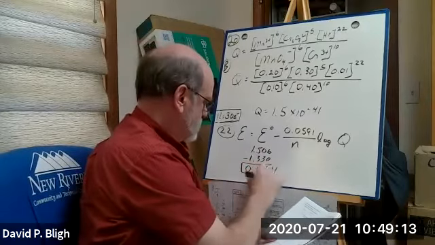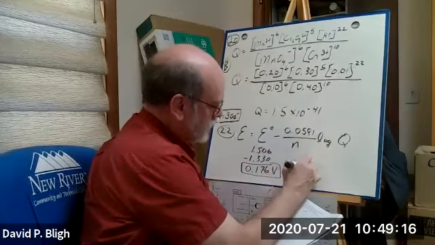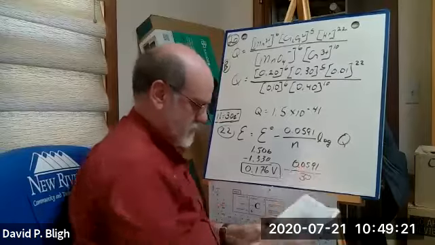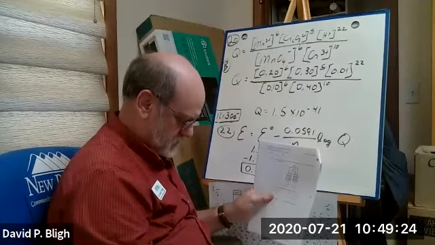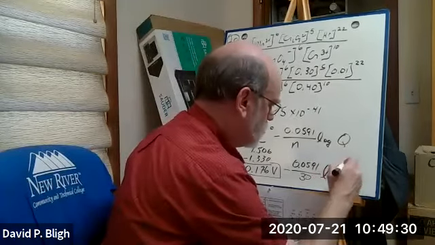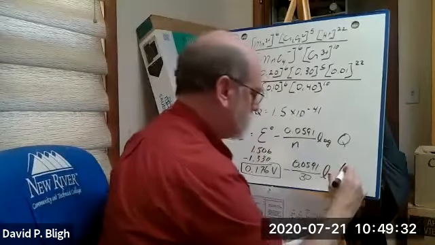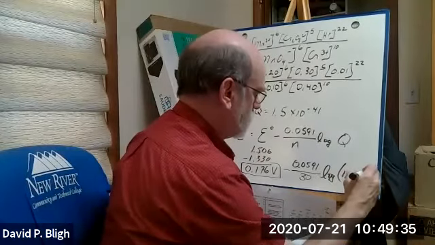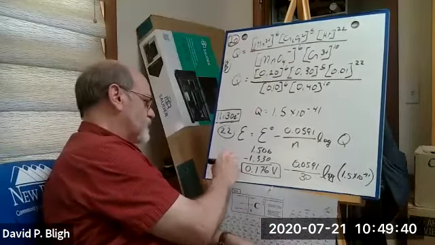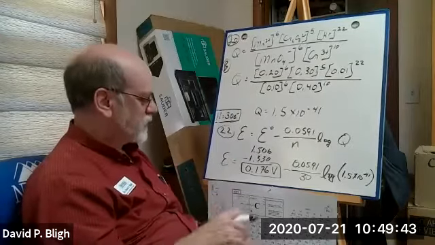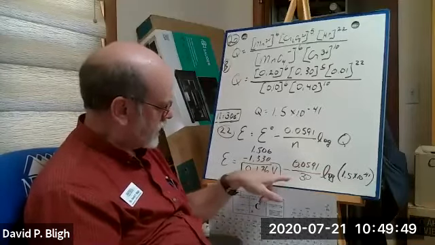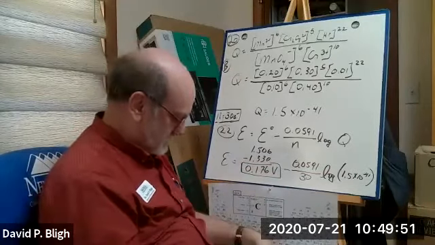Then we subtract 0.0591 divided by 30 electrons. Yep. And then we take the log of the Q value. There we go. And that will give us E. So if we do all that, take the log of that, and then times this, divided by that, subtract it from this, what do we get?